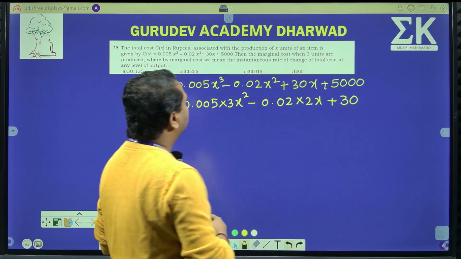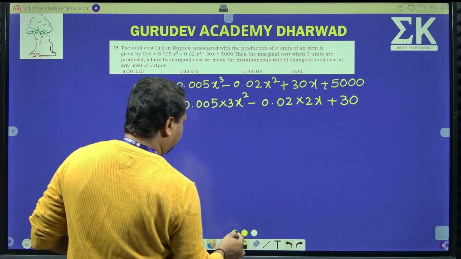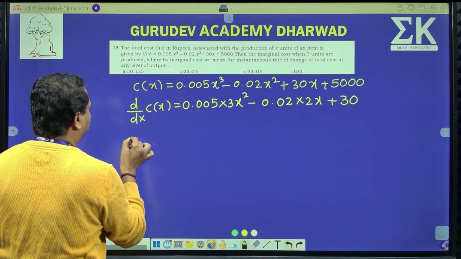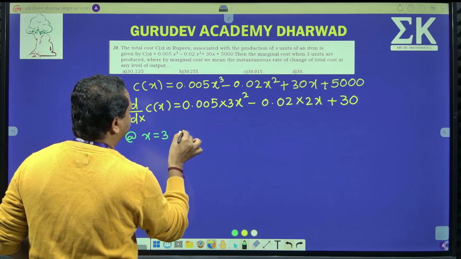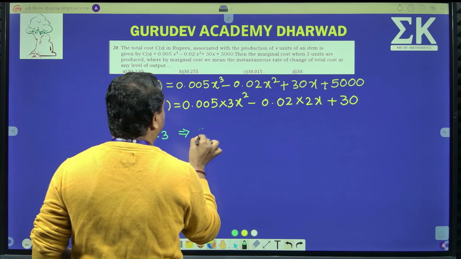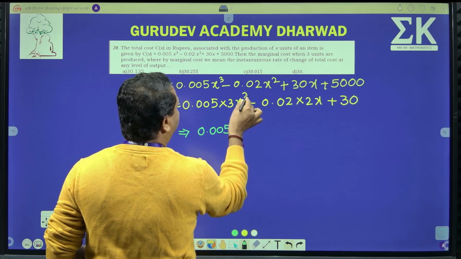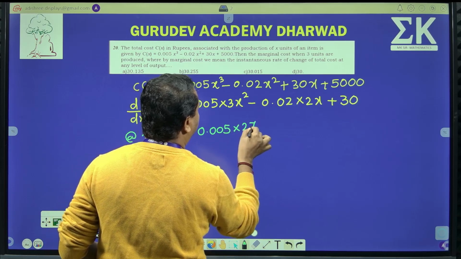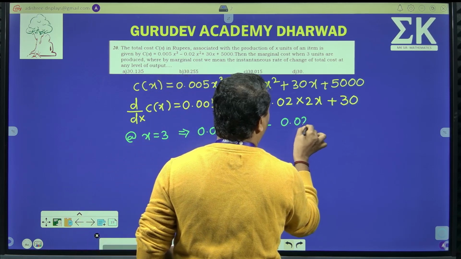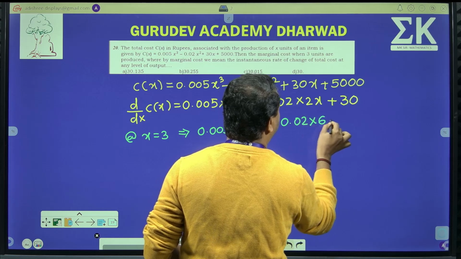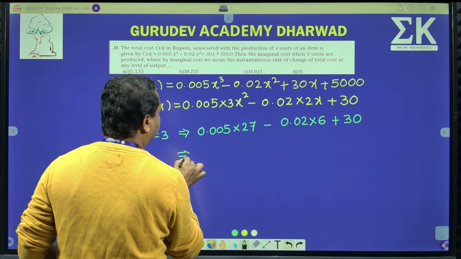Now the question is when the units are 3, that is at x equal to 3. So what do we get? 0.005, 3 square is 9, 9 3s are 27, minus 0.02 into 2 3s are 6, plus 30, isn't it? So what should be the value?